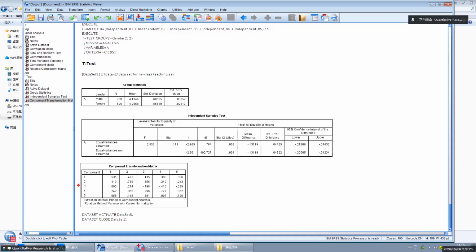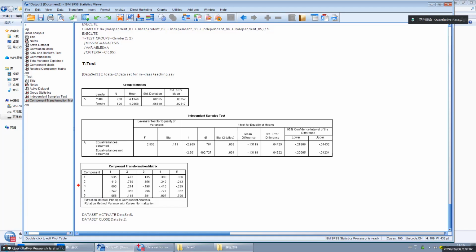Again, it's 0.003. If the p-value is 0.03, it is significant, represented by one asterisk.